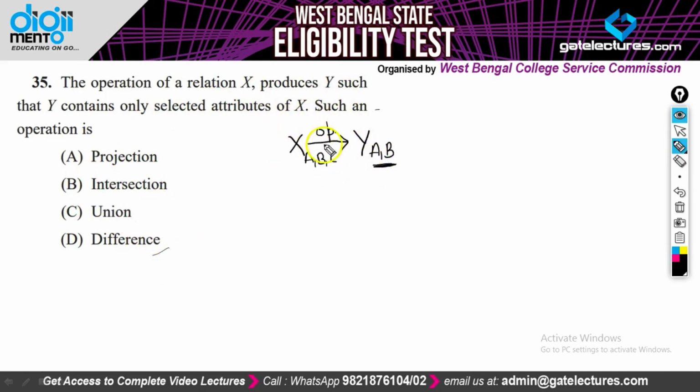Okay, so let's see. I'll tell you the shortcut also, how to find the answer for these kinds of questions. So first let's see the options. The first one is projection. What is projection? Projection is selecting the attributes.